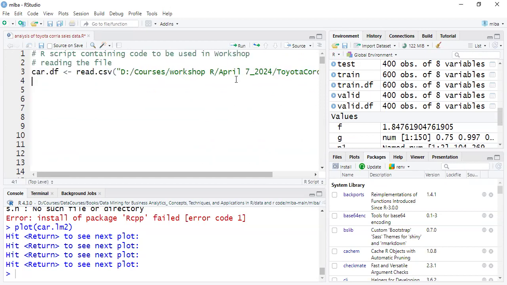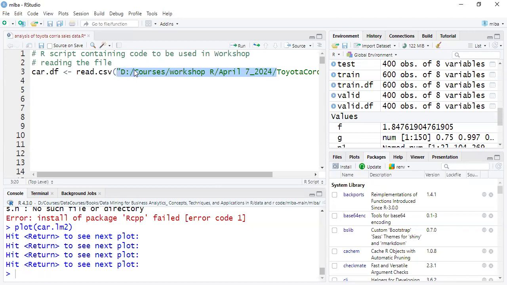Because this data file is stored in a folder, you have to mention the name of the folder, which is called the path, in which the data file is stored. Otherwise, you will face a file not found error, right? So remember to change the path for your computer.